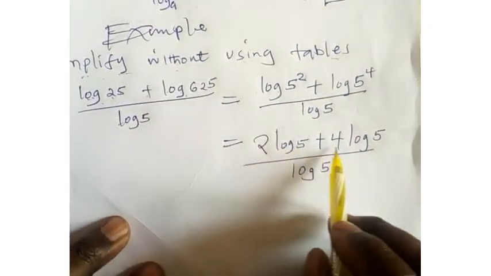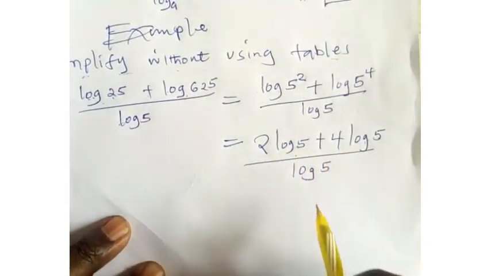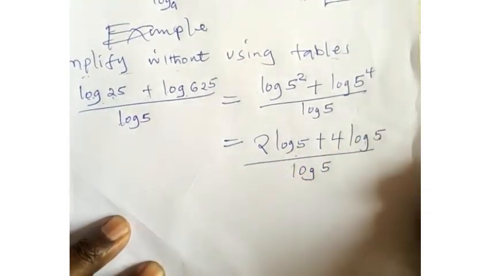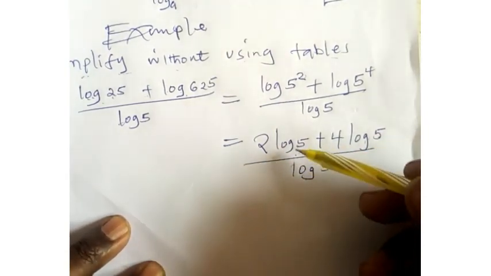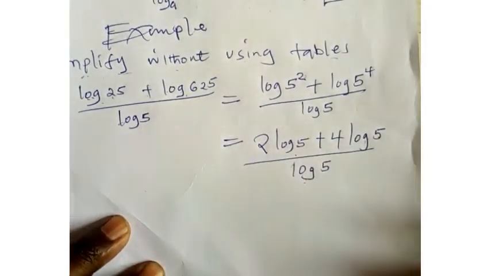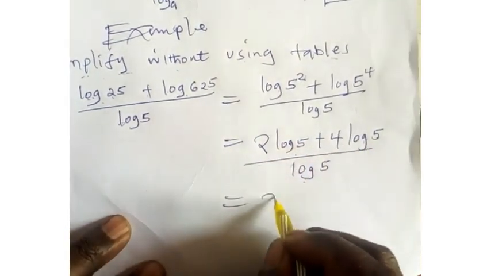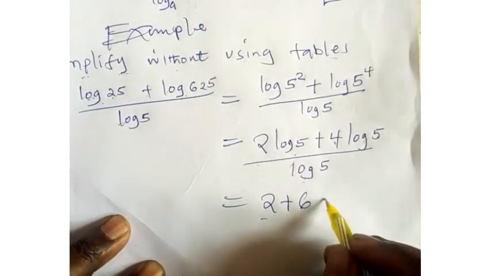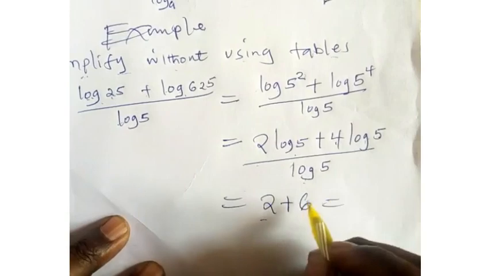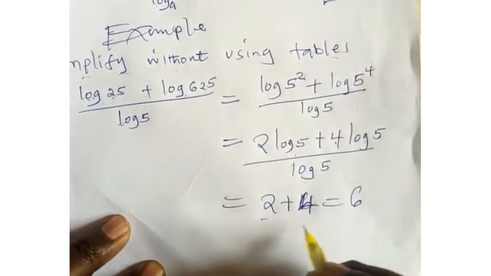Now, since the log is to the same base, and it is log 5, we can even ignore the base because it is like 1 divided by 1, so it is the same. So this one, ignore the base. We have 2 plus 4, which will give us 6.